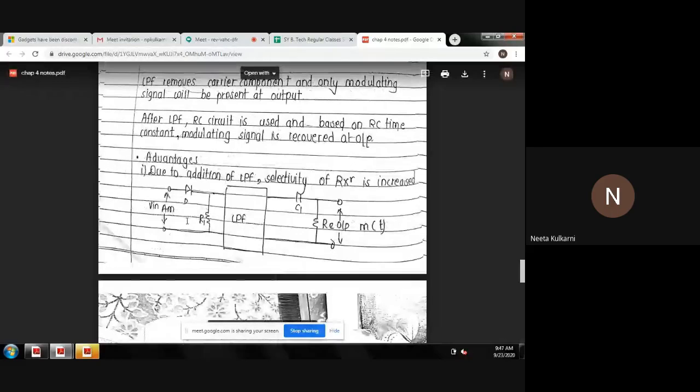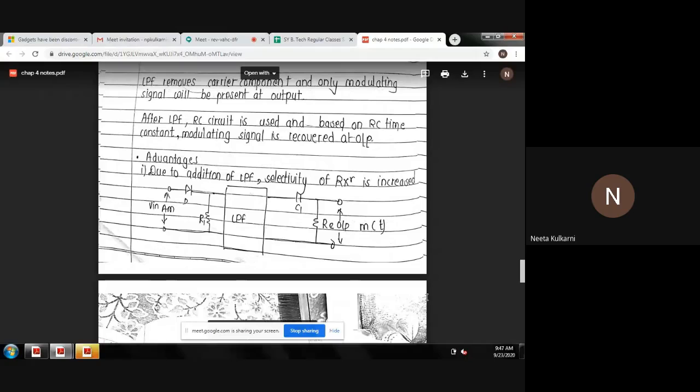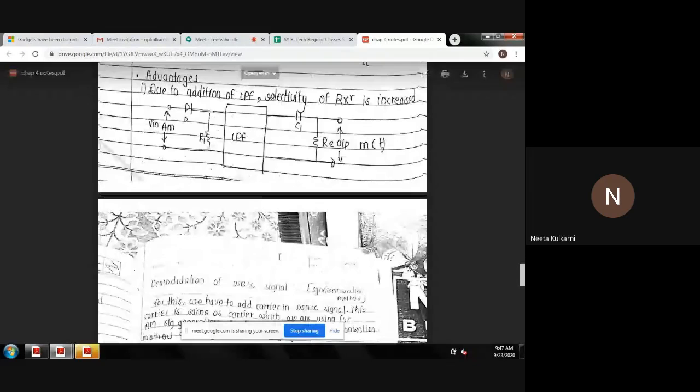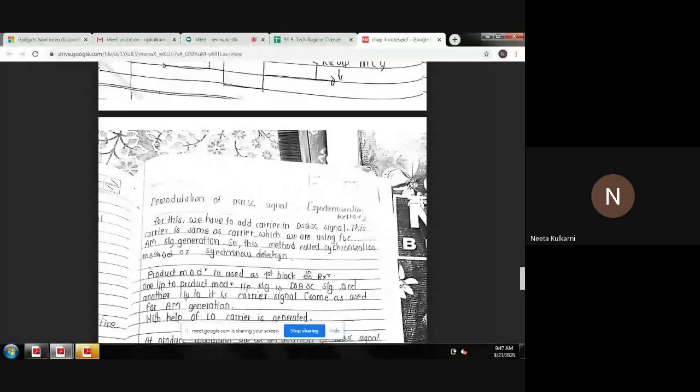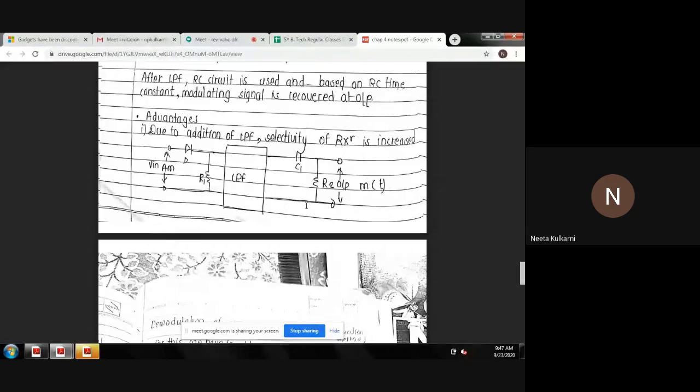Okay, so the advantages are: due to addition of the low pass filter, selectivity of the receiver is increased. That is the first advantage. Another advantage you can say here is that whatever modulating signal we are getting at the receiver is in pure form as compared with the modulating signal we are getting in the envelope detector.